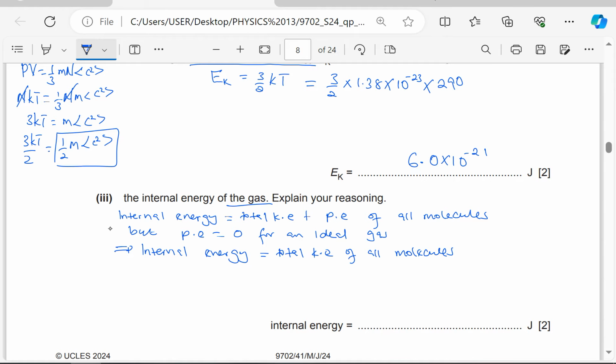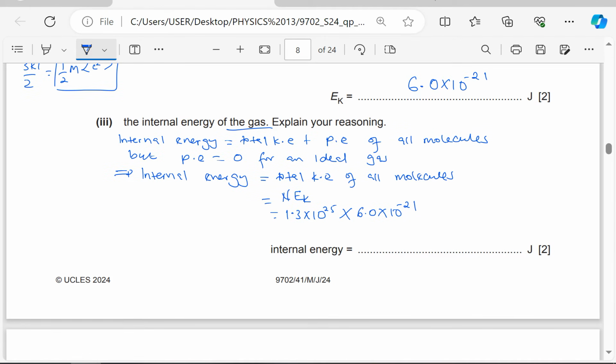Since we already know the number of molecules and we know the kinetic energy of just one molecule, we shall simply say this is equal to the number of molecules times the kinetic energy of one molecule. The number of molecules was 1.3 times 10 to the power of 25, and the kinetic energy of one molecule is 6.0 times 10 to the power of minus 21.